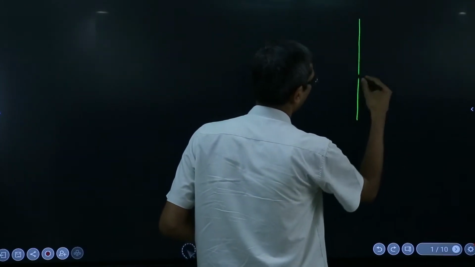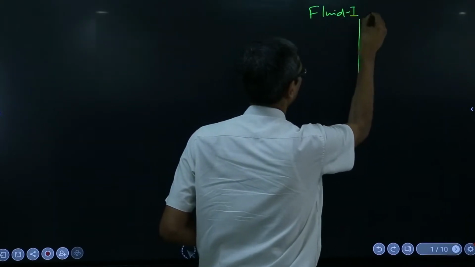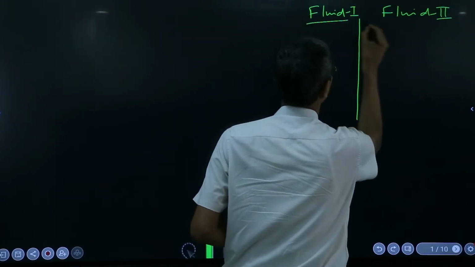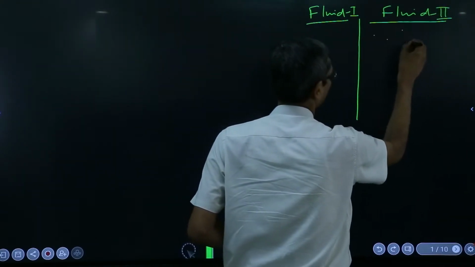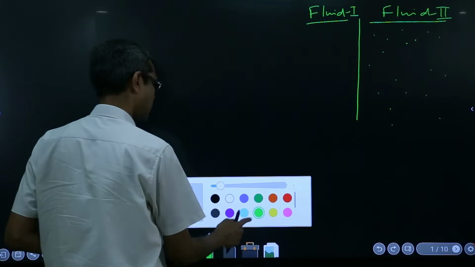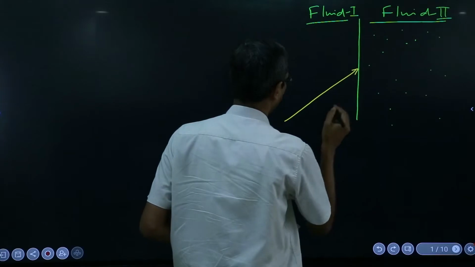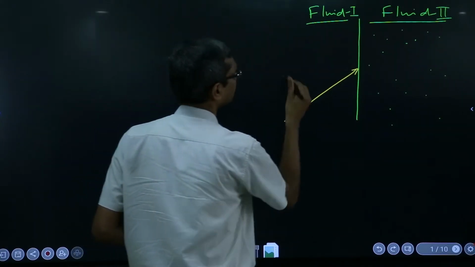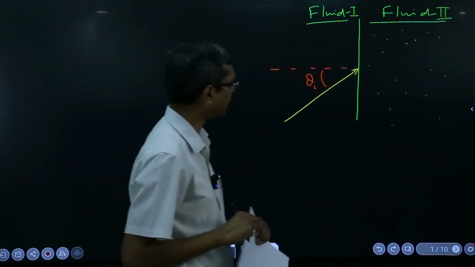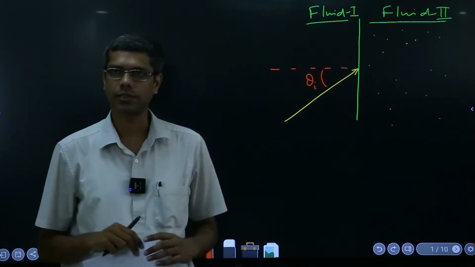That means there is fluid 1 here, fluid 2 here, maybe some other fluid, and a wave is coming at an angle, say theta I, the incident angle, and we are trying to see what will happen in this case.